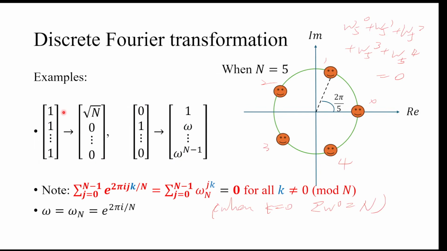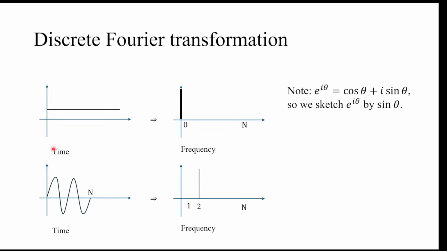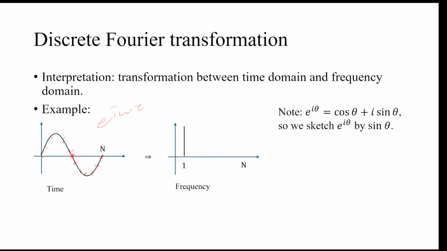So for example, we have this very constant sinusoidal, then it will become just 0. Okay. And then you have a higher frequency one. So for example, this one then will become just 1.